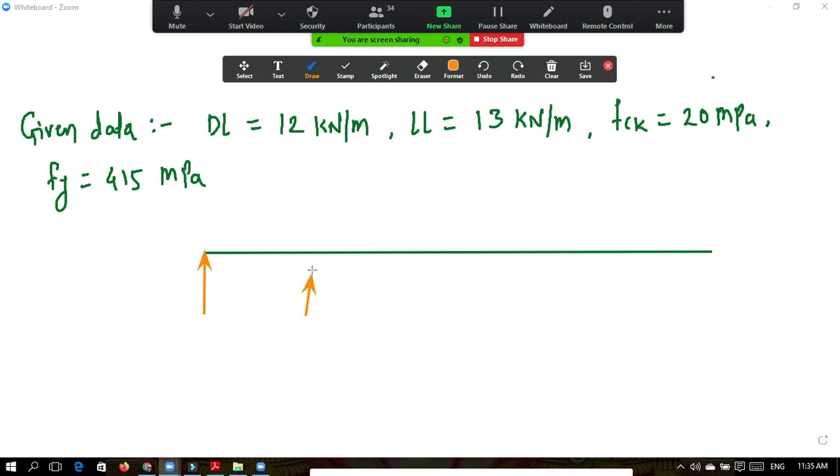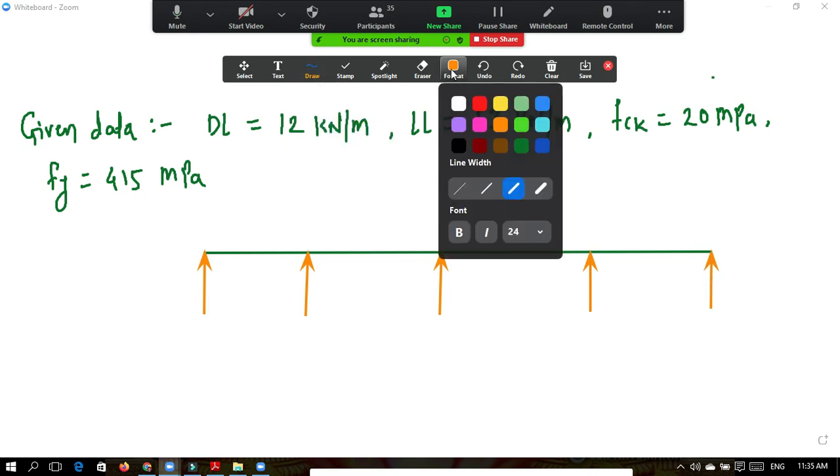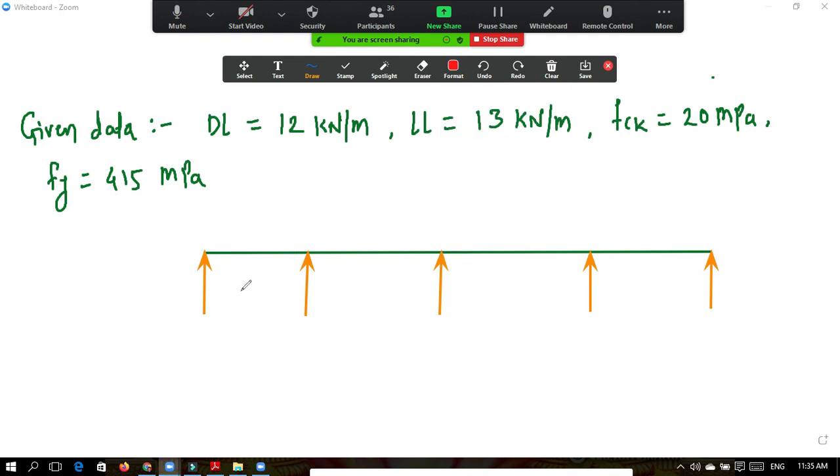This is the first span, this is the second span, here is the third span, and this is the fourth span. If you count, first, second, third and fourth. Four span continuous beam is there.